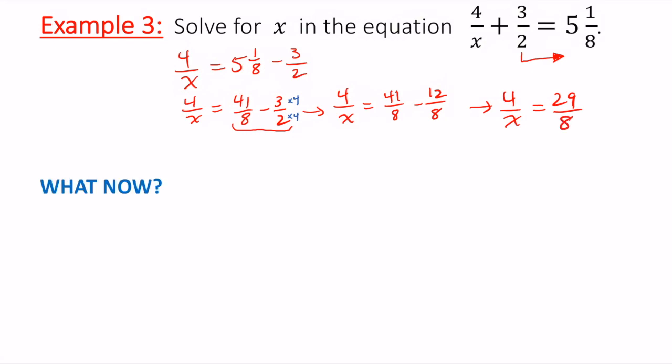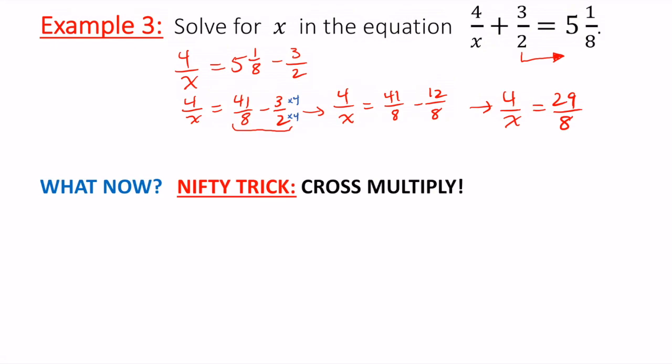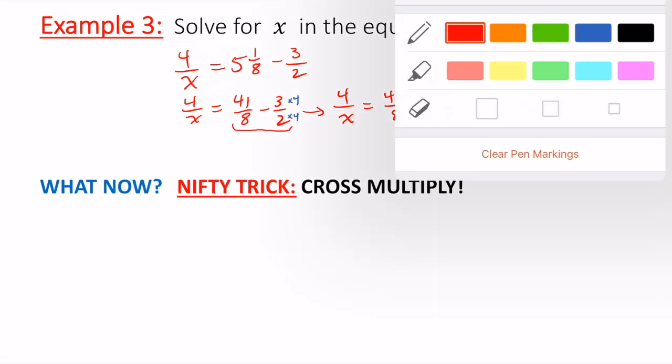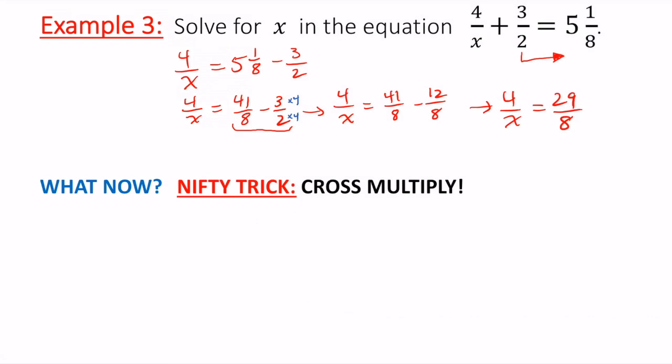But what now? Here's a nifty little trick. We can actually cross multiply. And some of you who actually remember what this means, is we would multiply diagonally across this equal sign.